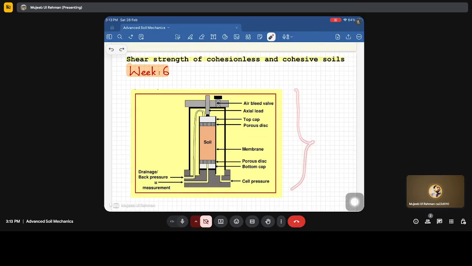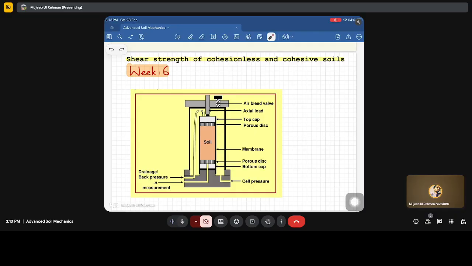So it is a typical setup of the triaxial test. It has a base pedestal over which you can see there are three inlets: one for the cell pressure, one for the pore pressure measurement, and another for drainage or back pressure.